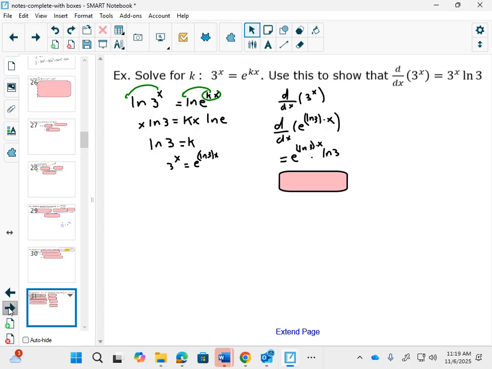But then what was this? That was 3 to the x originally. So this is sort of like using the chain rule to prove one of our shortcuts.